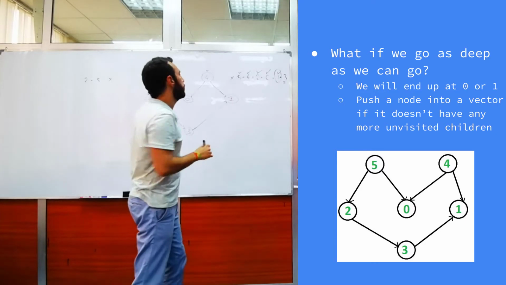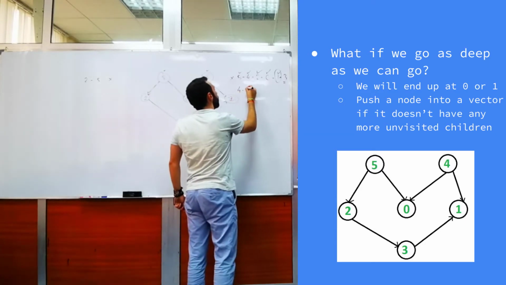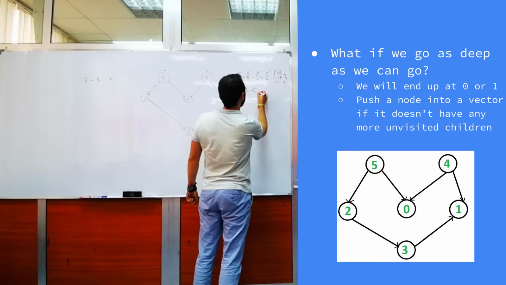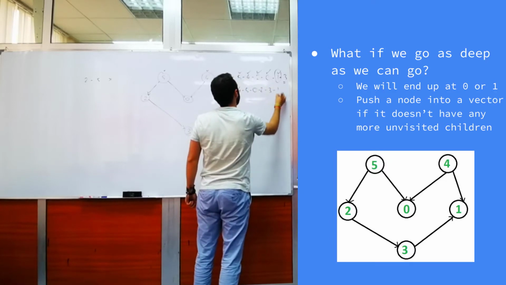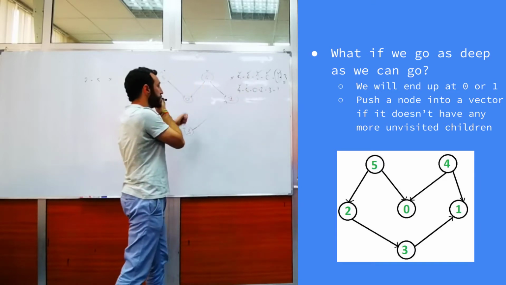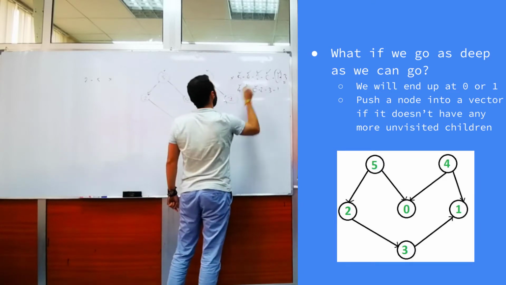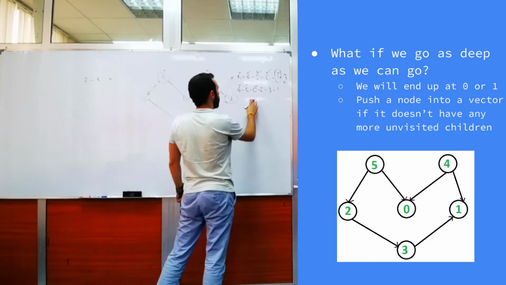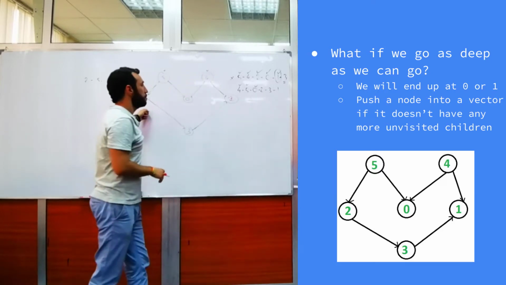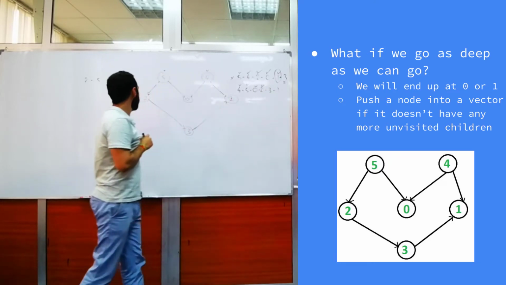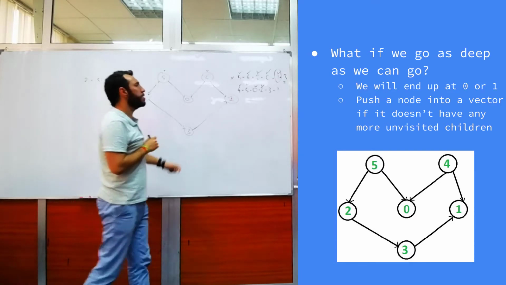And let's check another one. 4, 5, 0, 2, 3, 1. So 4, 5, we already did the check above, and 0 right now appears after its, let's say, parents. That's fine. And then we have 2. So for 2, again, 5 was already added to the list. It's fine. And then we have 3.